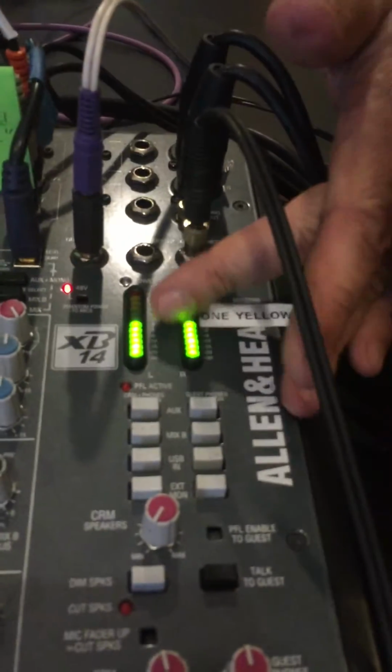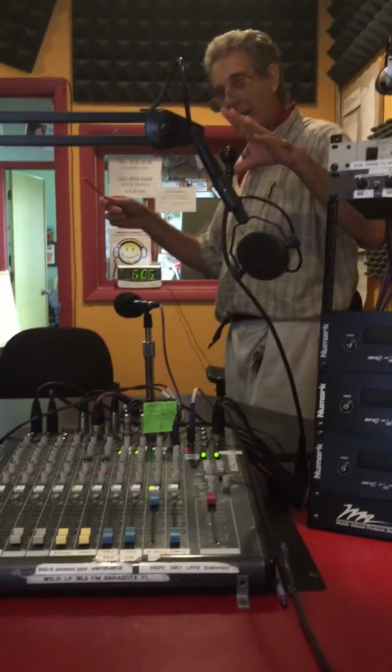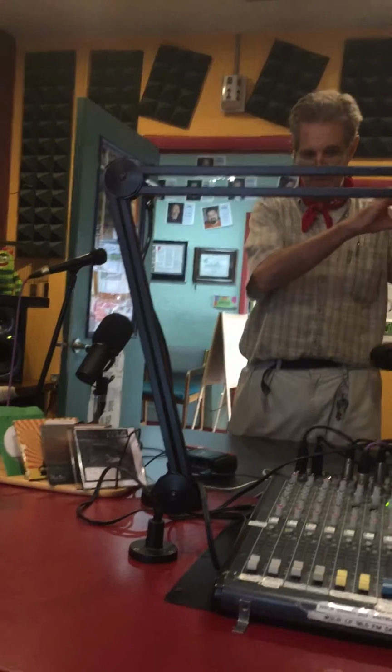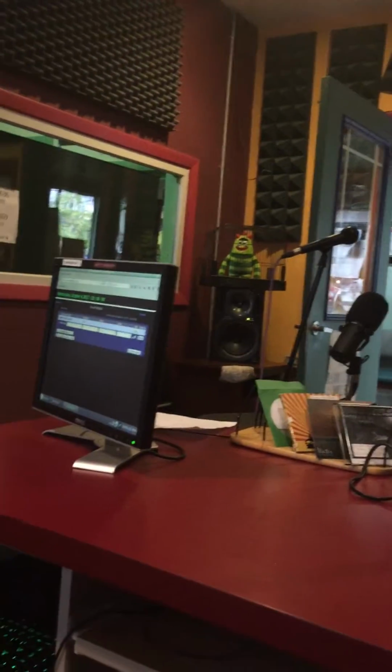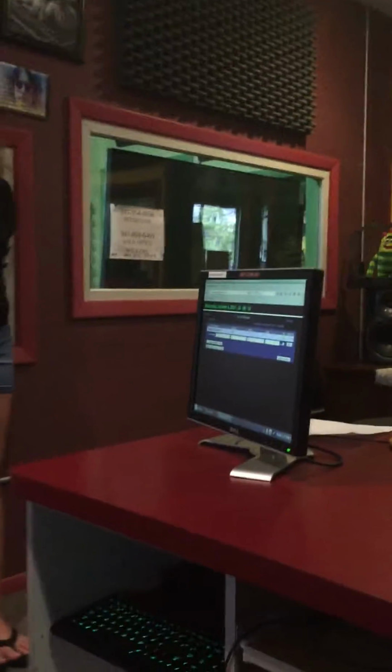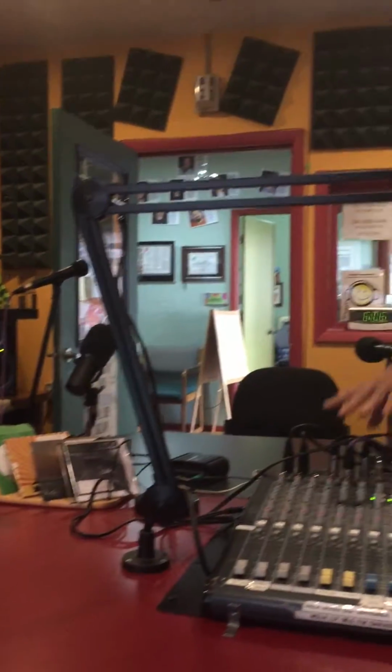But it's going out as long as these meters are moving. Most of the time. There are a lot of variables, because this is the beginning of a chain. You have a chain of all these things that make it to the transmitter site, and this is the very beginning of the chain. All the sources come through this board.